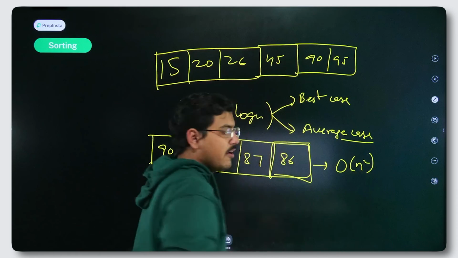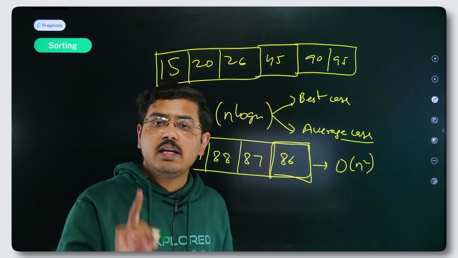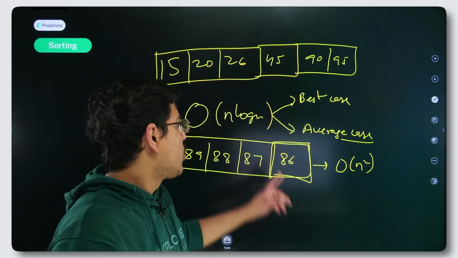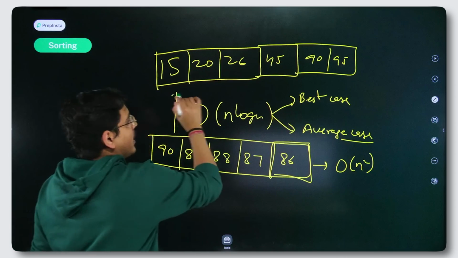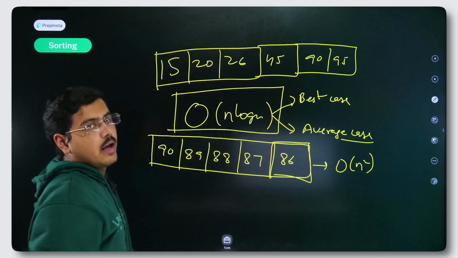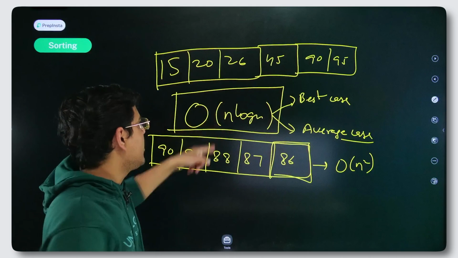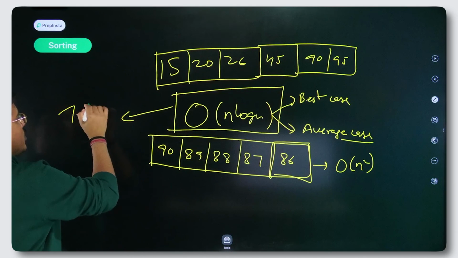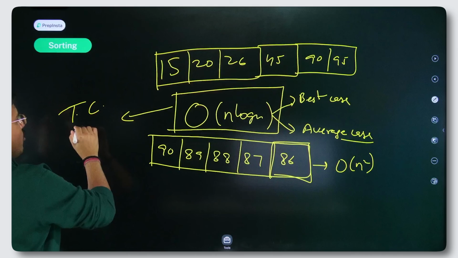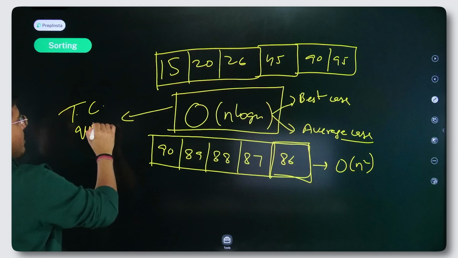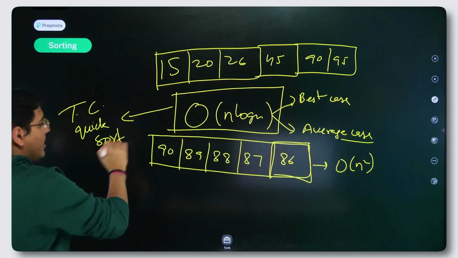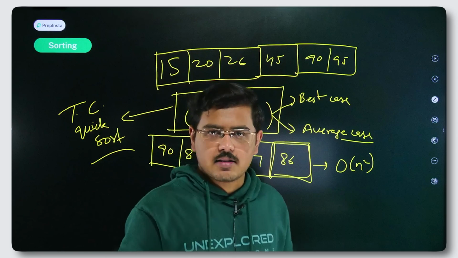Remember, whenever somebody asks you what is the time complexity of quicksort, big and bold letters, order of n log n. Always say this. This is the time complexity of quicksort. Don't go to the worst case time complexity unless explicitly asked.